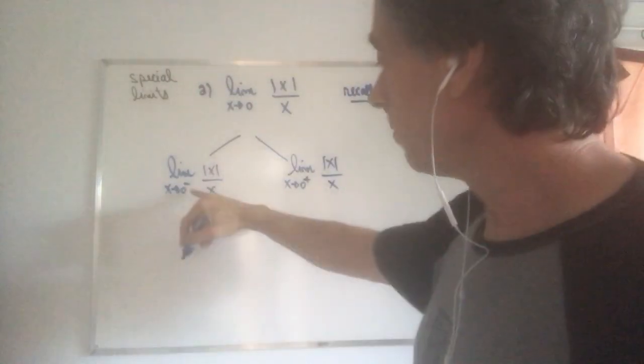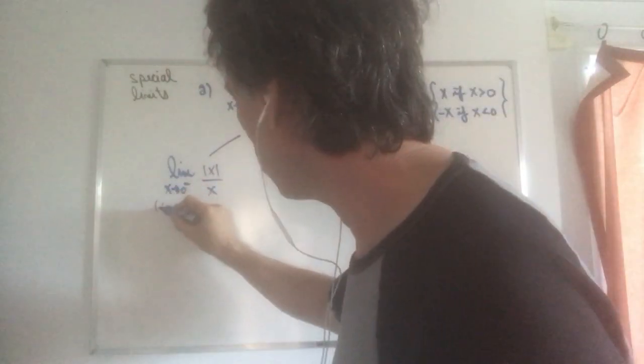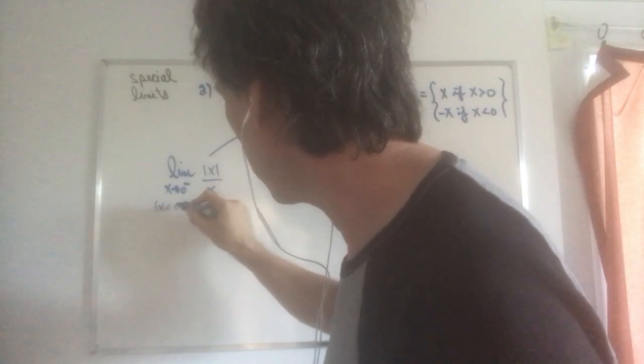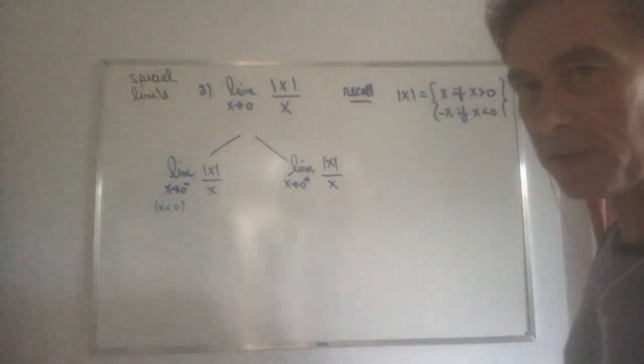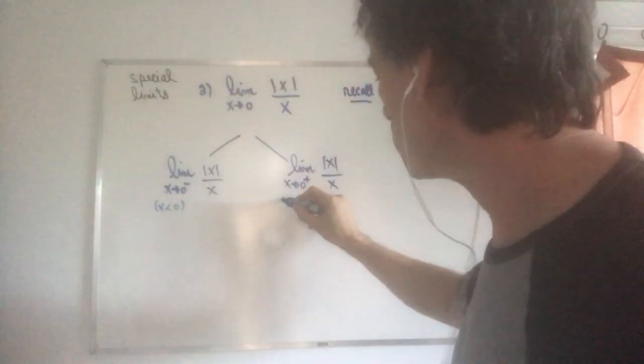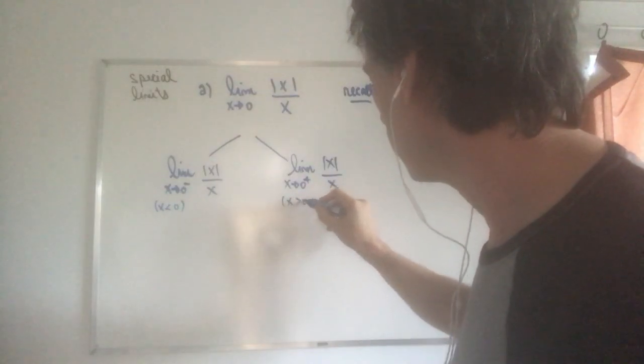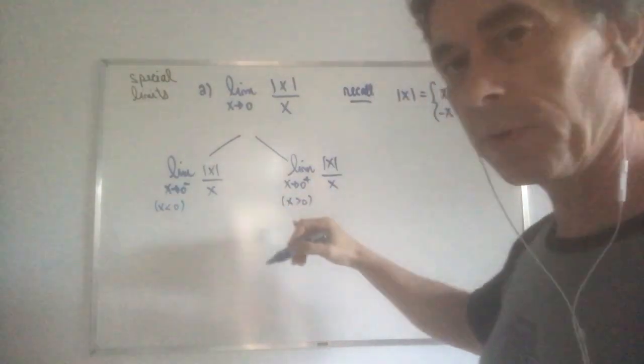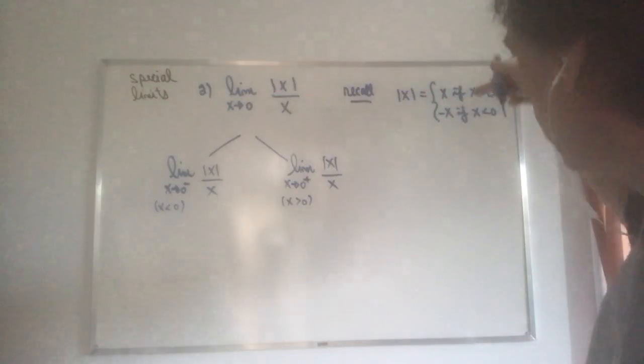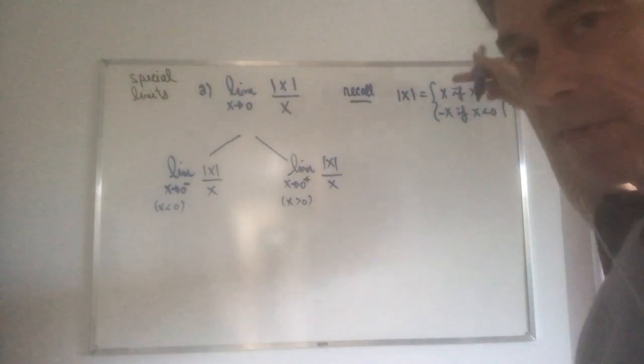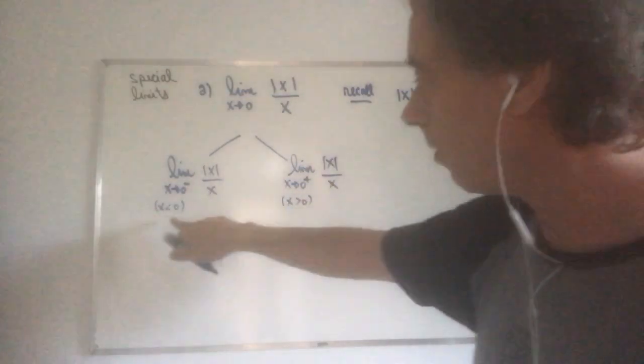If I am approaching 0 from the left, I am clearly less than 0. And if I'm approaching 0 from the right, I'm greater than 0. You see, we broke down the two possibilities, and that means I can replace the absolute value by two different things depending on the case we're in.